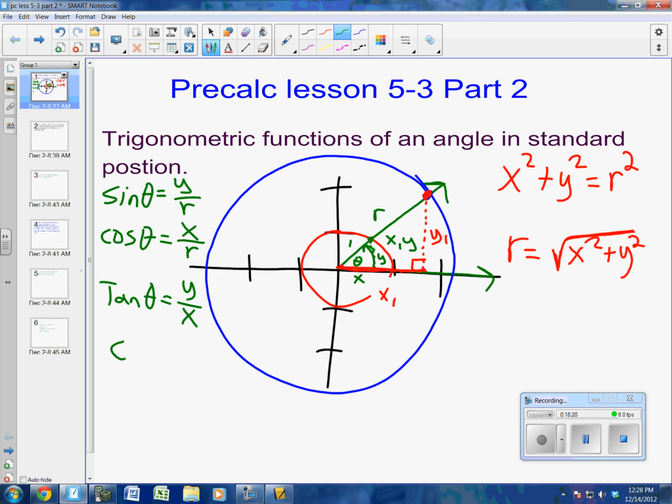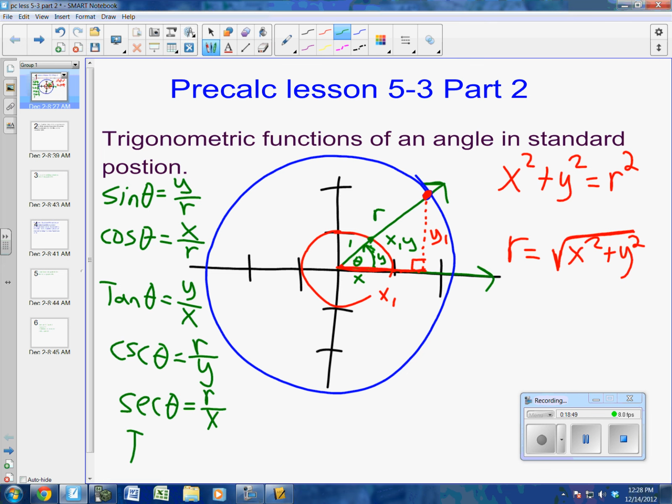Okay, let's go to cosecant. What's the easiest way to get cosecant? Reciprocal of the sine. So what is it going to be? r over y. Instead of 1 over y on the unit circle, it is r over y, since we know that the radius is a little bit bigger or smaller than 1 on a non-unit circle. What about secant? r over x.